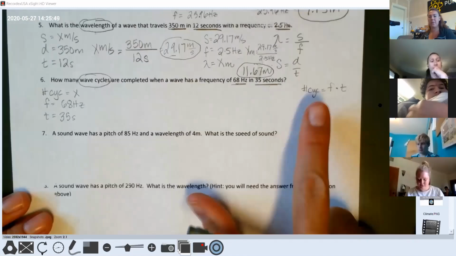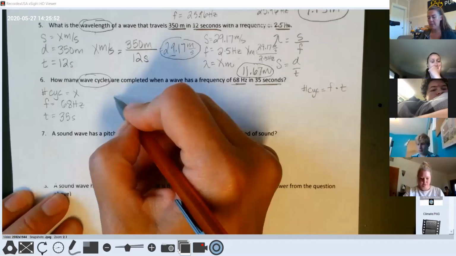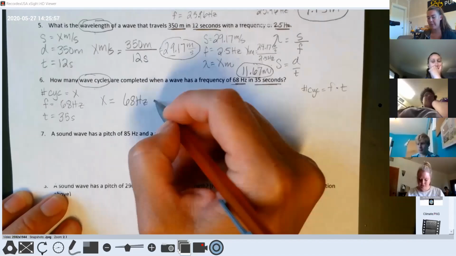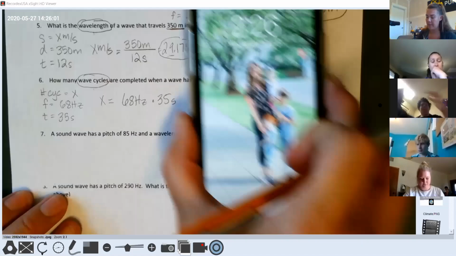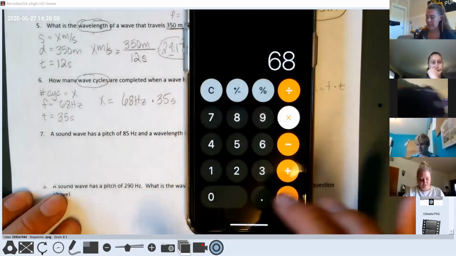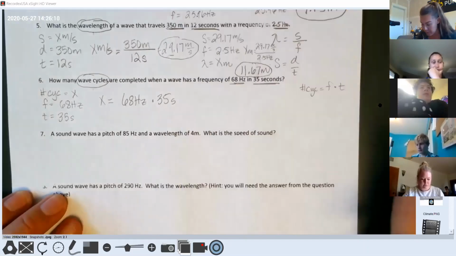So I'm going to plug it into this equation right here. So number of cycles x equals 68 hertz, my frequency, multiplied by 35 seconds. 68 times 35 is what I'm going to plug into the calculator. It's going to be 2,380 cycles.